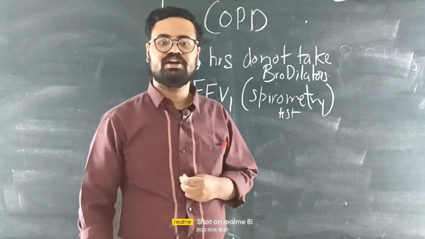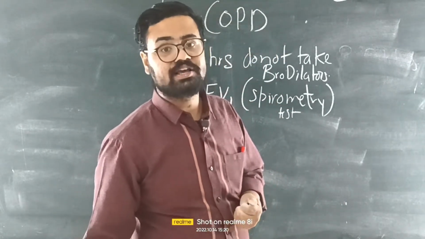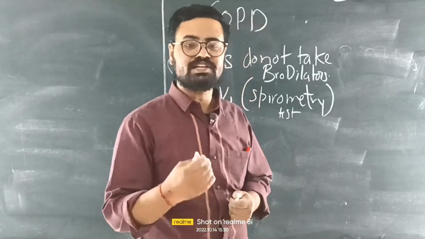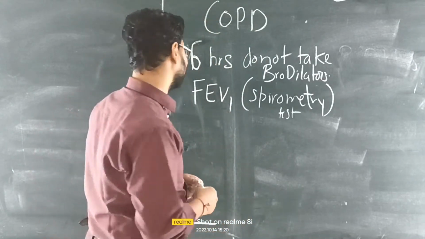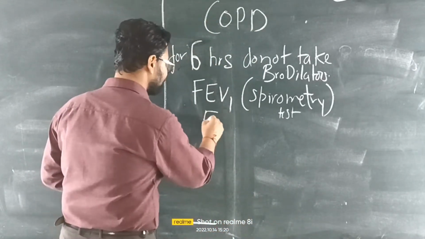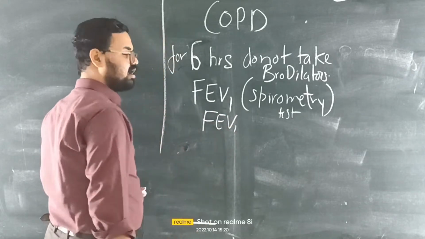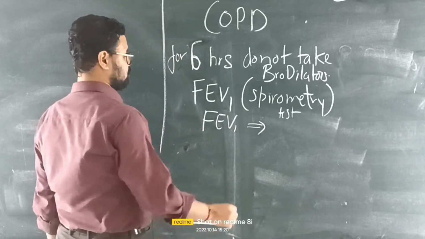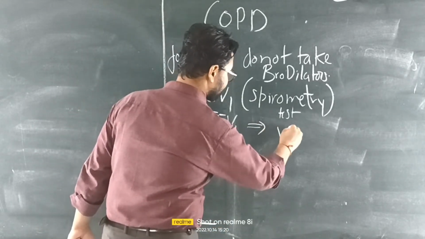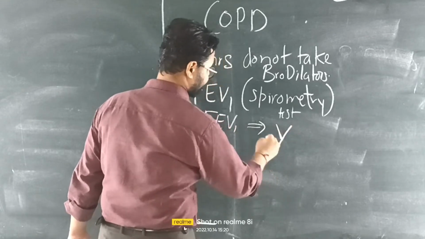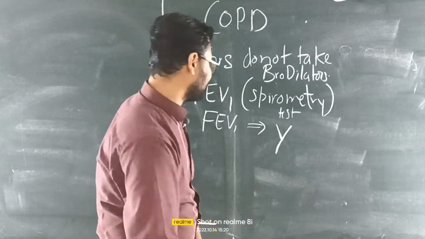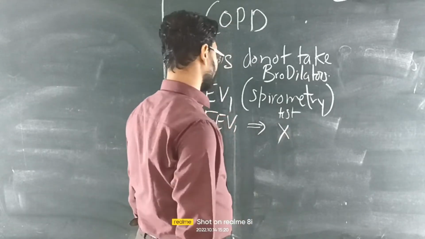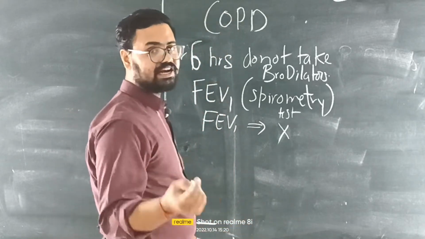So when I tell my patient to exhale forcefully, before taking the bronchodilators for 6 hours, prior to taking the bronchodilators for 6 hours, then what will happen? Suppose the FEV1 value is X. First of all, again let me explain.